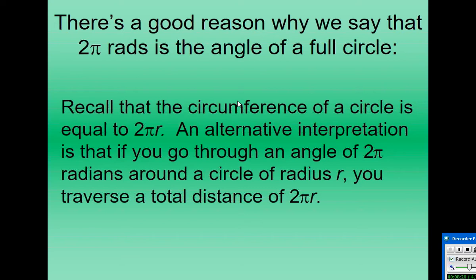Now, another way of looking at it is if you go completely around the circumference of a circle with radius r, you have not only traveled a distance of 2 pi r, you've undergone an angular motion of 2 pi radians. Why is that useful?